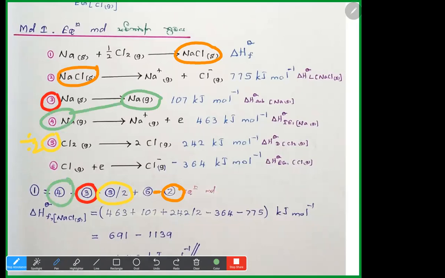Then when I'm writing chlorine, I'm going with this Cl minus to cancel that. I have to cancel this. Then I can cancel off Cl minus as well. That is again number 6 plus.